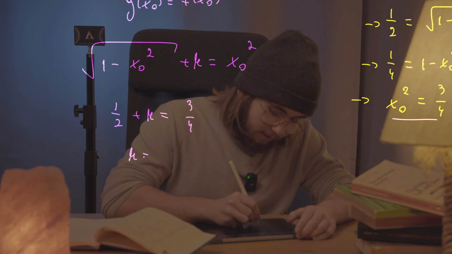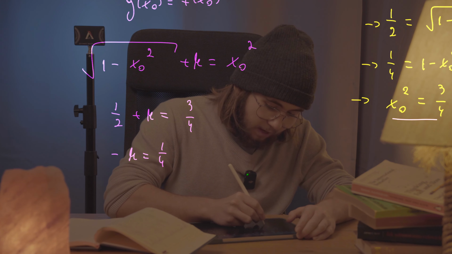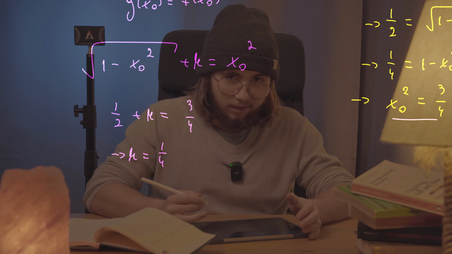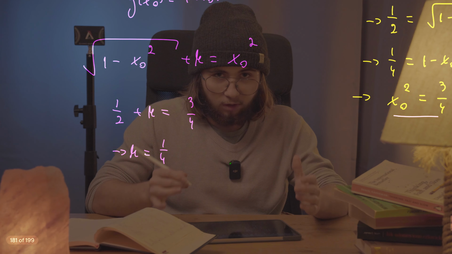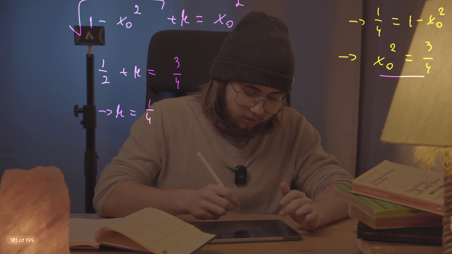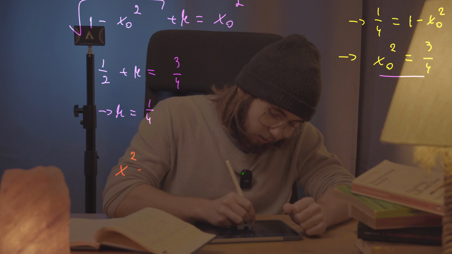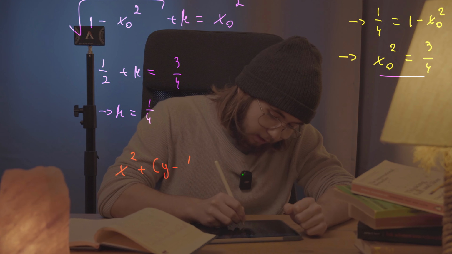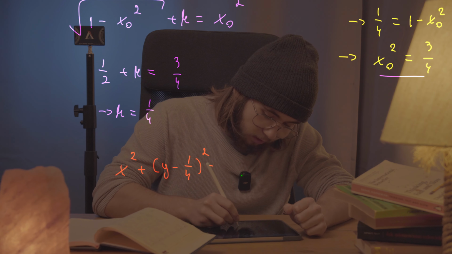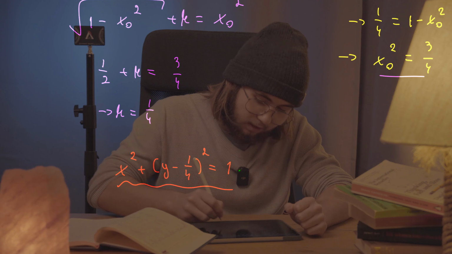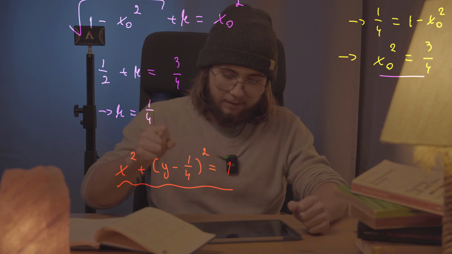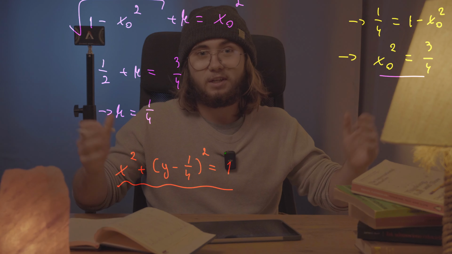That means that k is equal to 1/4, and so we know that the y-coordinate of the center of the circle is going to be 1/4, and the formula describing our circle is going to be x squared plus y minus a quarter, everything squared, is equal to 1, which is exactly what we were supposed to find.